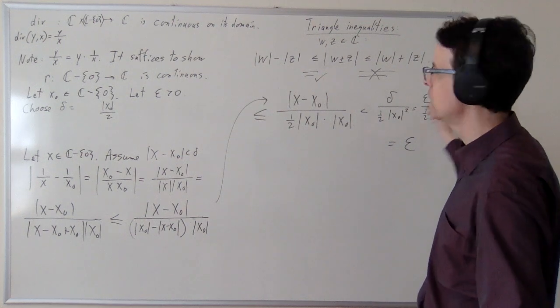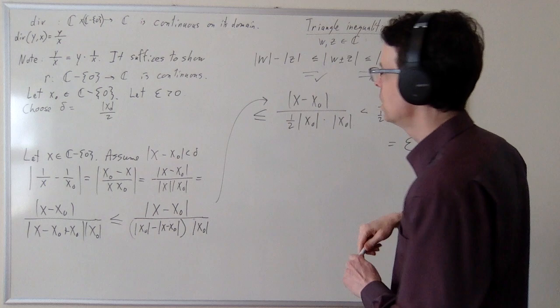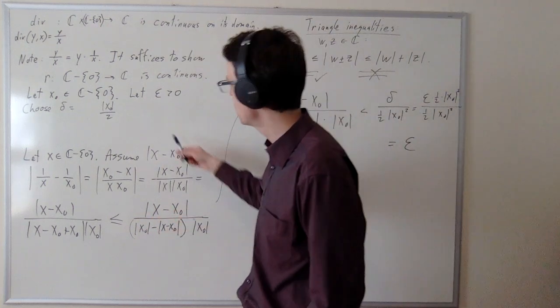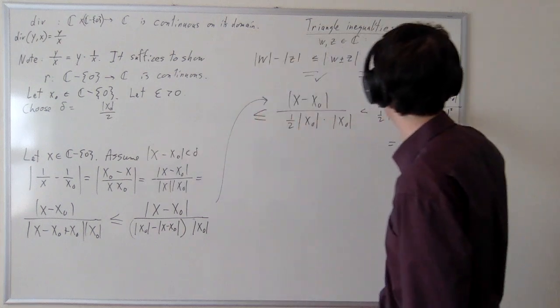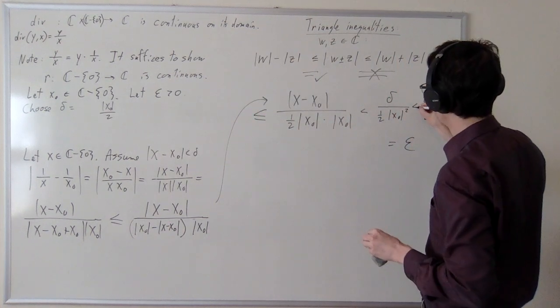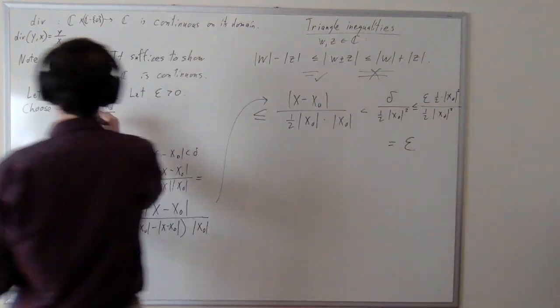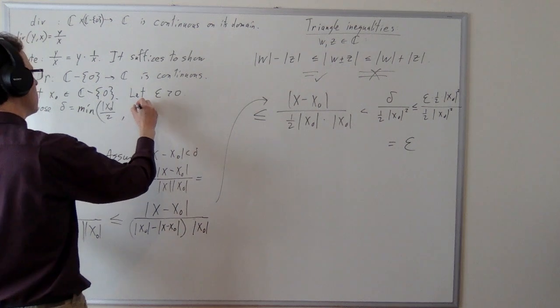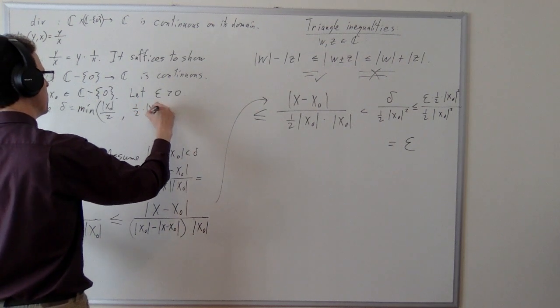Now, can I choose delta to be this and also choose delta to be this? Well, no, I can't necessarily, I've only got one delta, right? So I can't choose delta to be this at the same time that I'm choosing delta to be this. But I can choose delta to be less than or equal to both of those values by choosing delta to be the min of this value that we need and also this other value that we need.